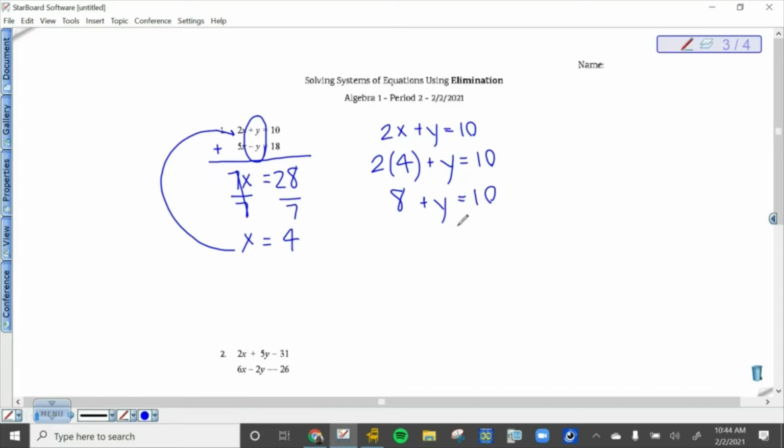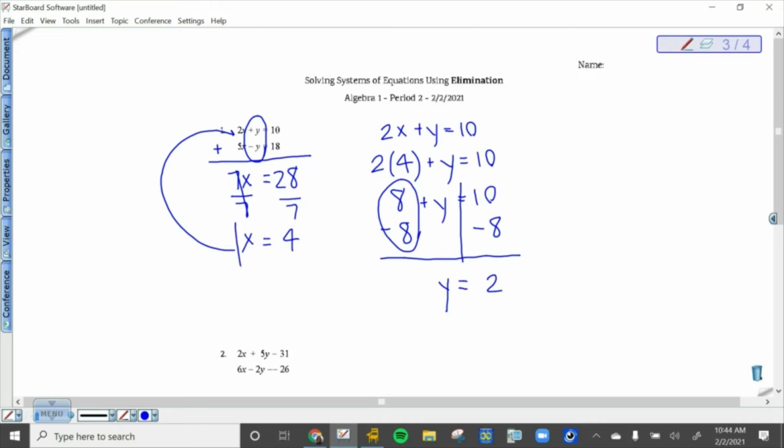And now how do I solve for y? Subtract 8. But if I subtract 8 from that side, I also have to subtract it from this side. 8 minus 8 gives me 0. And y equals, what's 10 minus 8? 2.